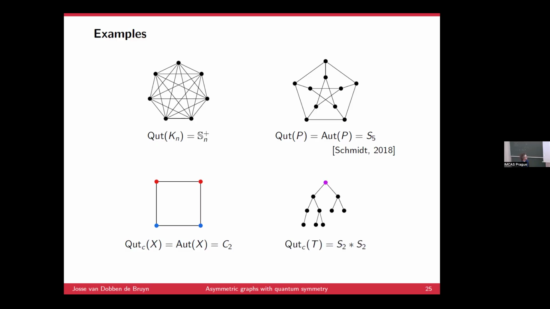Maybe I can briefly mention that together with Peter Zeman and my other co-authors from Denmark, we have a paper where we compute quantum automorphism groups of trees. And there this color thing also comes in useful, because you want to color the roots differently and then proceed by induction down the tree.